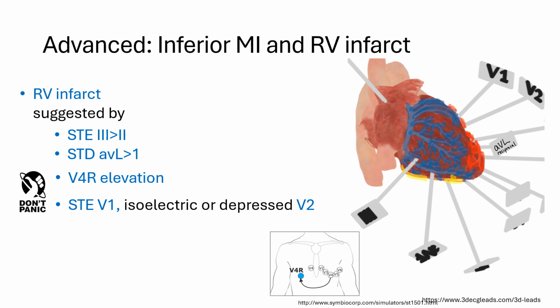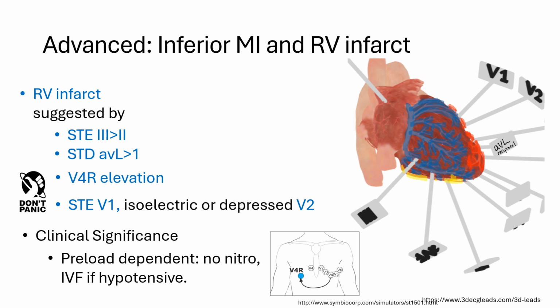These are advanced points. Junior learners, don't get hung up on this. Again, the clinical significance is that right ventricular MI is preload dependent, so no nitro, give IV fluids if the patient is hypotensive.